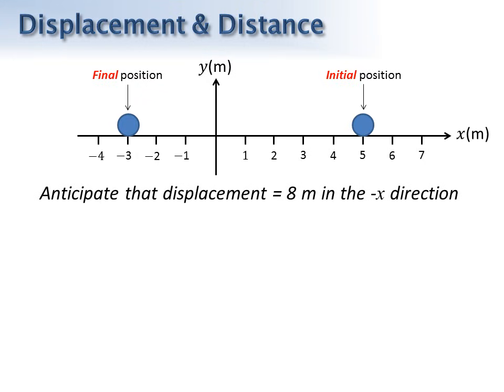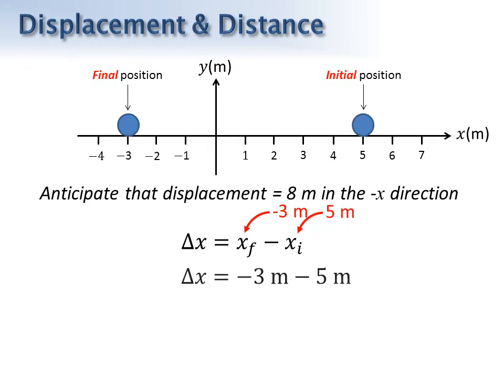Let's plug it into the equation though and see if that's what we get. So here's our equation. X final is -3, x initial is 5, so we have -3 minus 5, so the displacement is -8 meters, or 8 meters in the negative x direction. So we get the same answer.